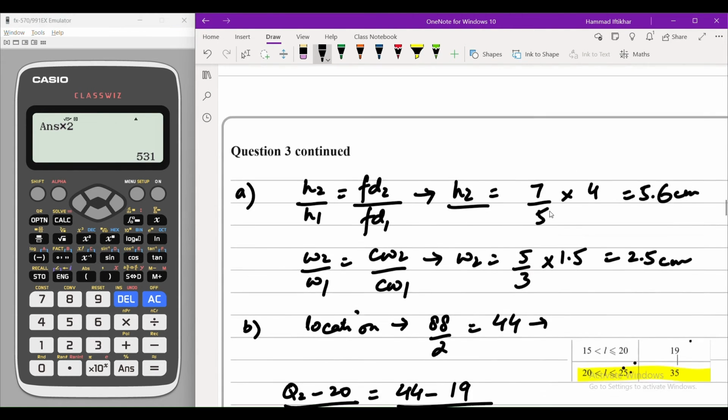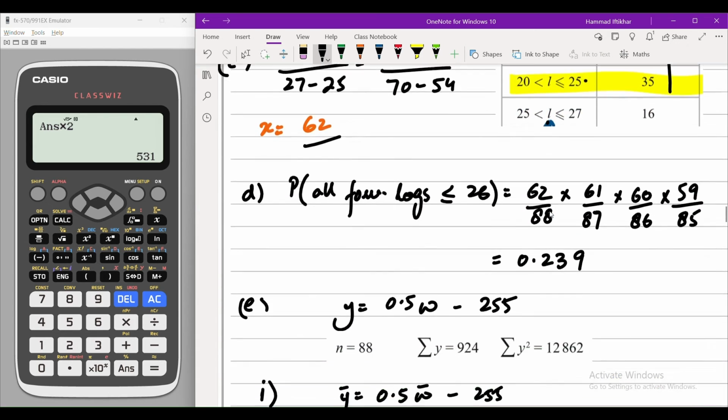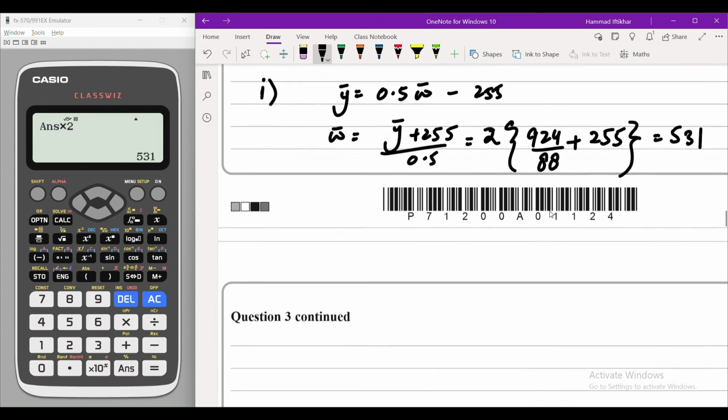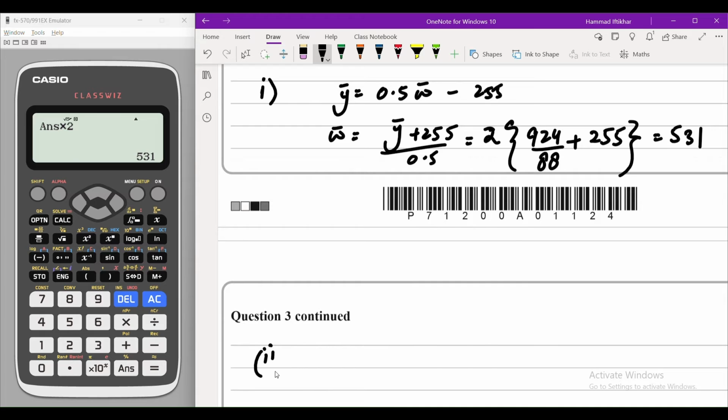Next up was the variance of W. We know that if y is equal to 0.5 W minus 255, so sigma y squared, or the variance of y, will be 0.5 squared times by sigma W squared.